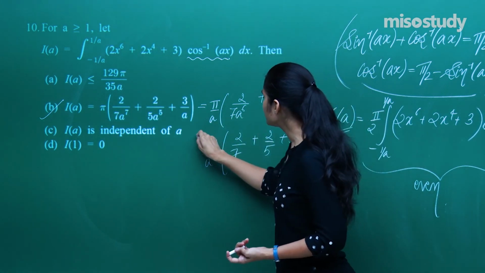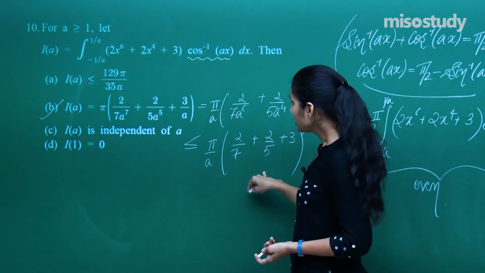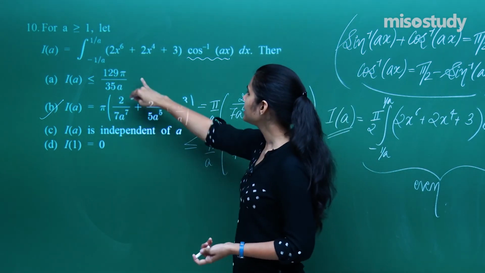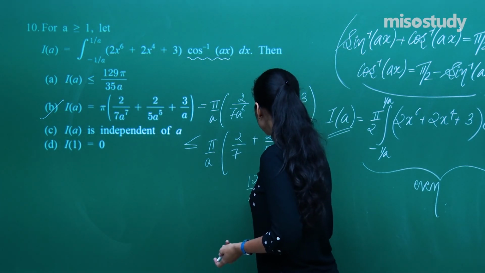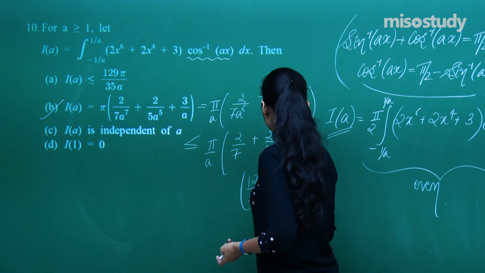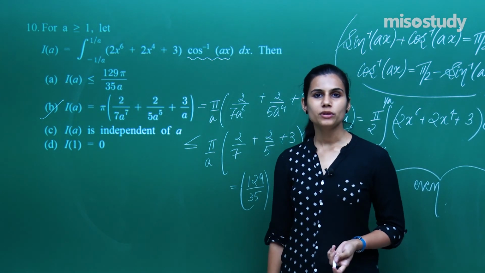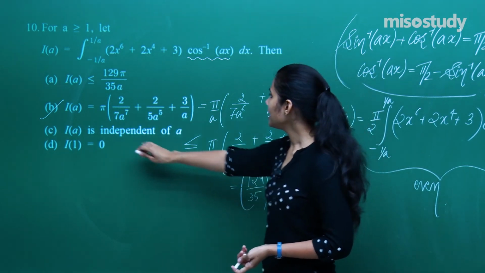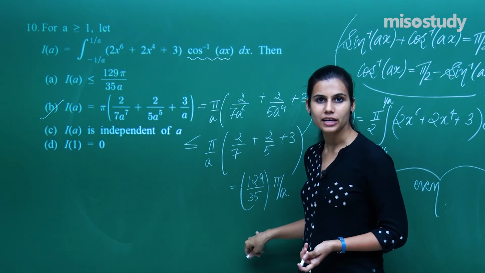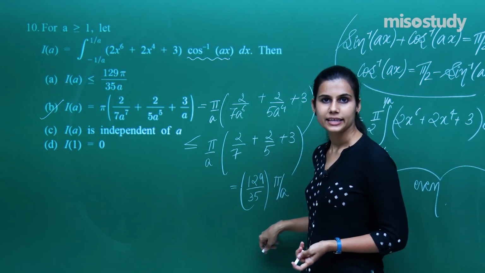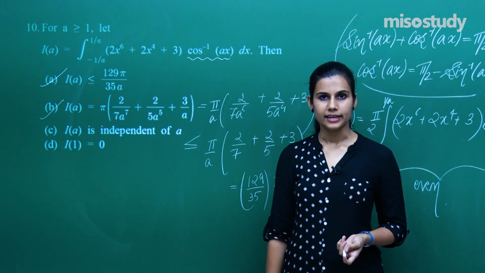So this value is definitely less than or equal to this value. And what is this value? It comes out to be 129 by 35 into pi by a. So what you eventually get is that I of a is less than or equal to 129 by 35 times pi by a. Clear? Option A happens to be the correct one.